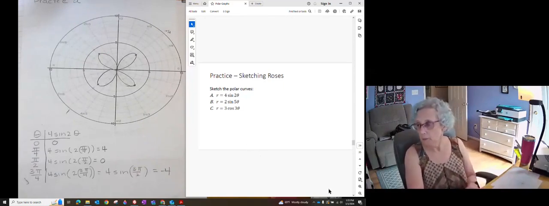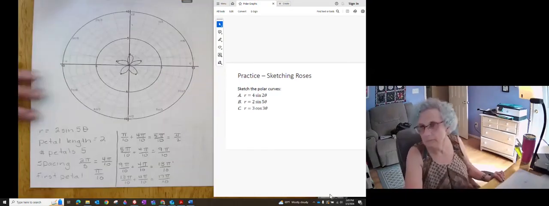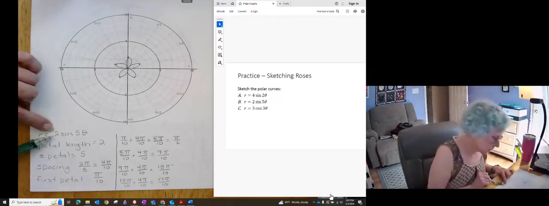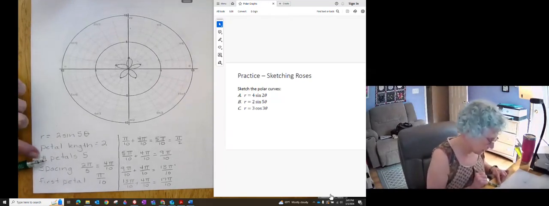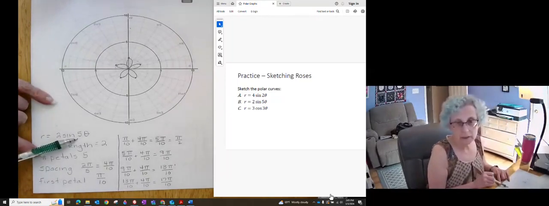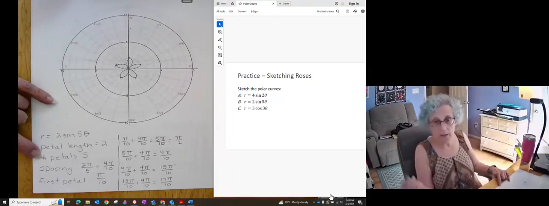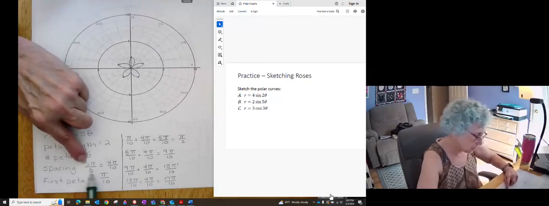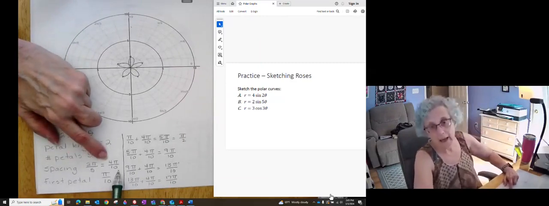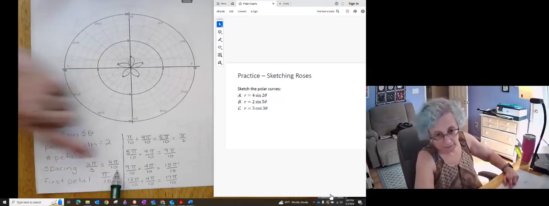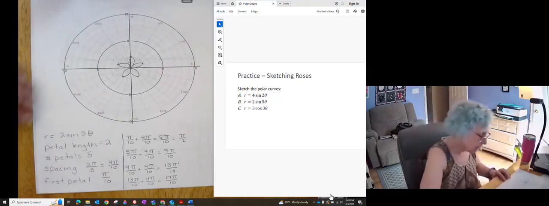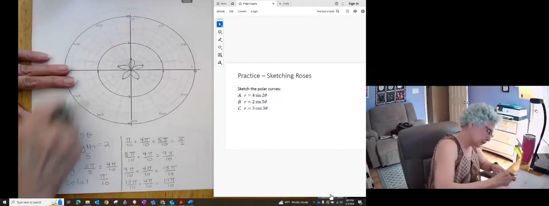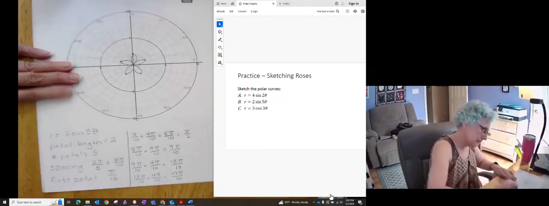We'll come back, we'll compare answers. Okay, so I figured out my petal length is 2. I figured out that there are 5 petals because the number sitting next to theta is odd, so that's the number of petals. So the spacing is 2 pi over 5. I got the common denominator of 10 because my first petal is going to be at pi over 2 divided by 5.